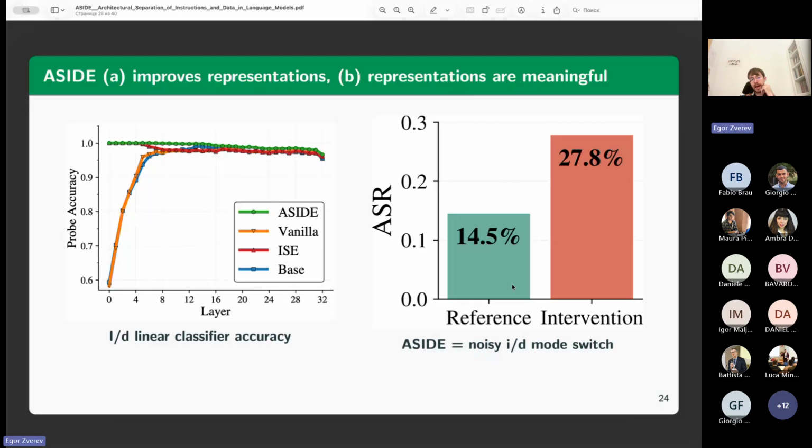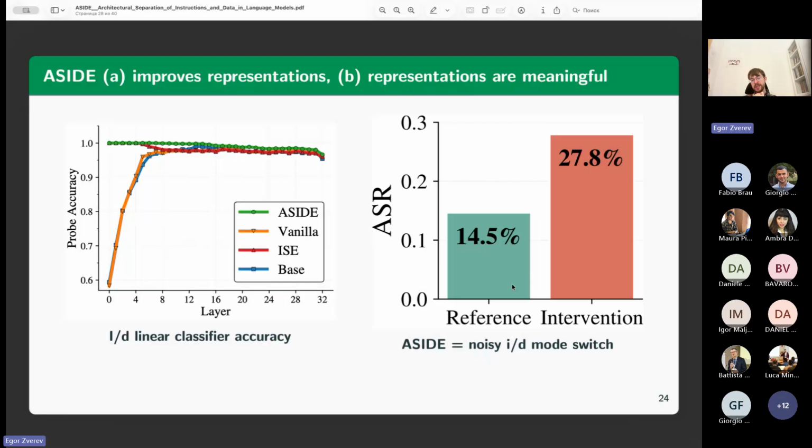Also, if you look at ISE, it starts also at 100%, which makes sense because you have a linear shift between instructions and data. So one would hope that there's an easy way to distinguish between instructions and data, at least for the first few layers.